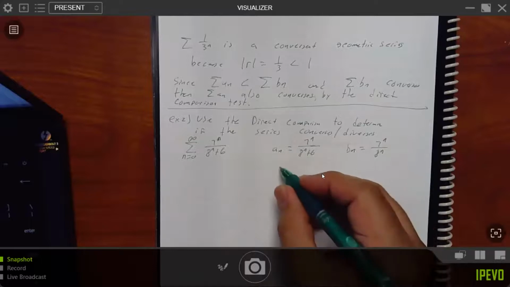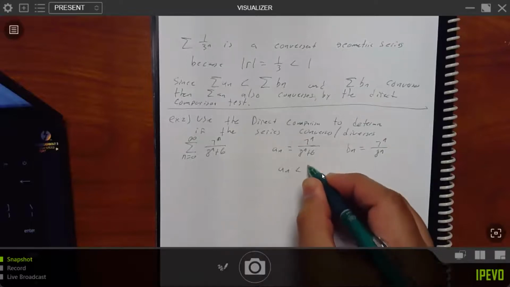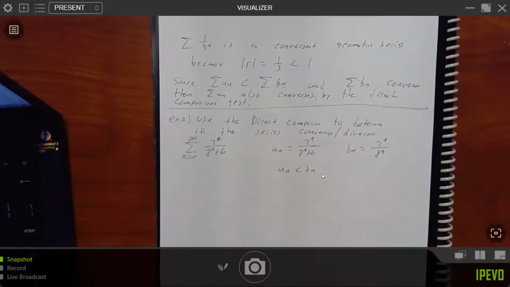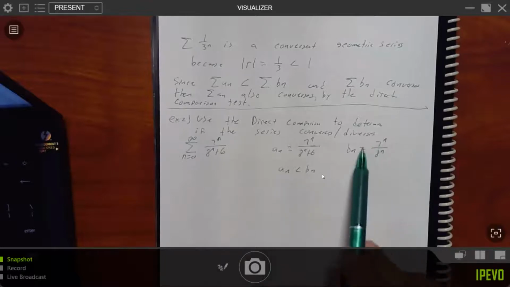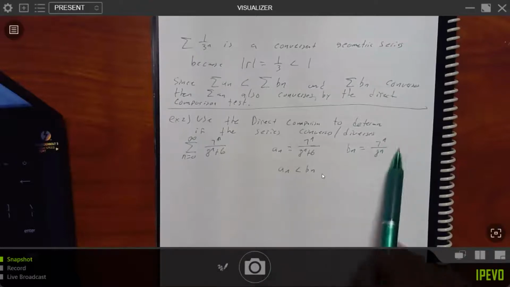So that means that a sub n is less than b sub n. If b sub n converges, then this converges by rule 1 for direct comparison. So we want to show that this series will converge.